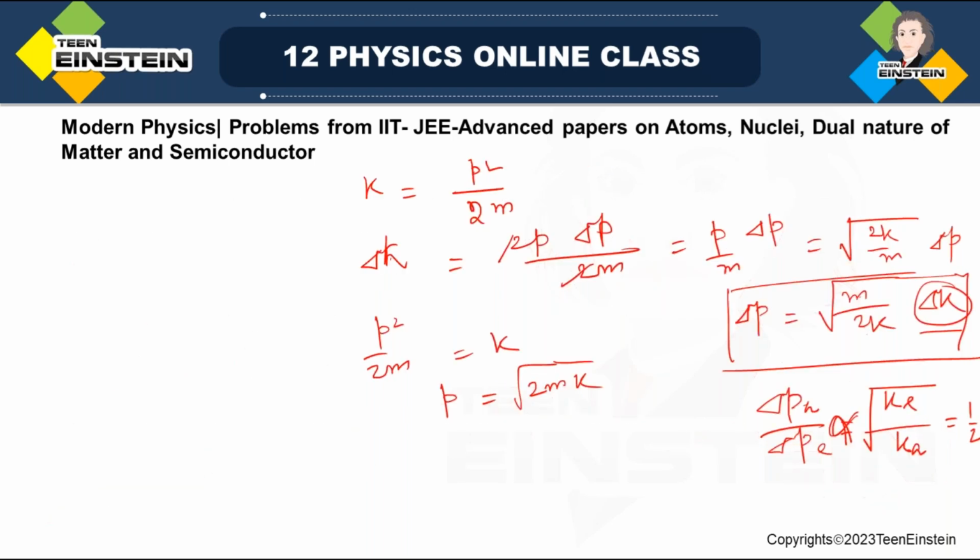It is 1 over 2, but this part is also there, so this is actually not true. This is proportionality, but there is a constant, delta K, the change in the kinetic energy, which will have some value. So this would make this not equal to half. All right, we'll move on to the next problem.